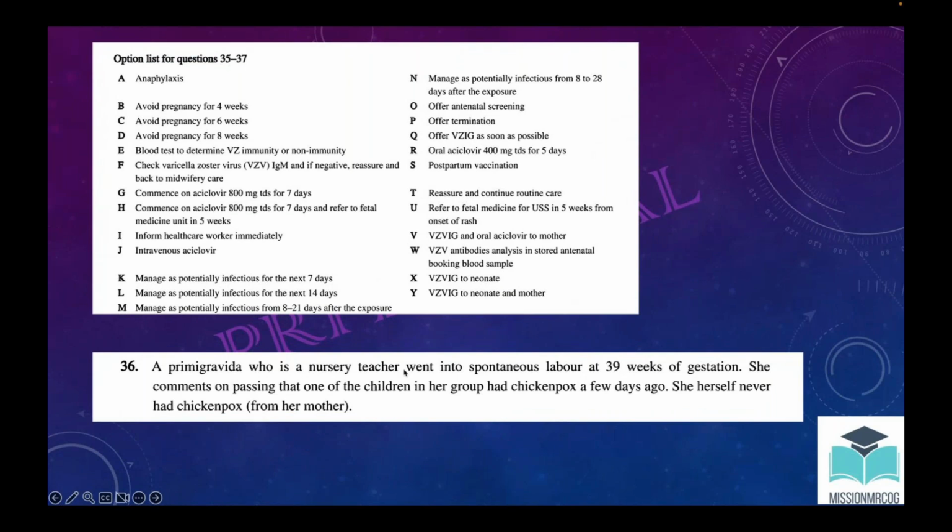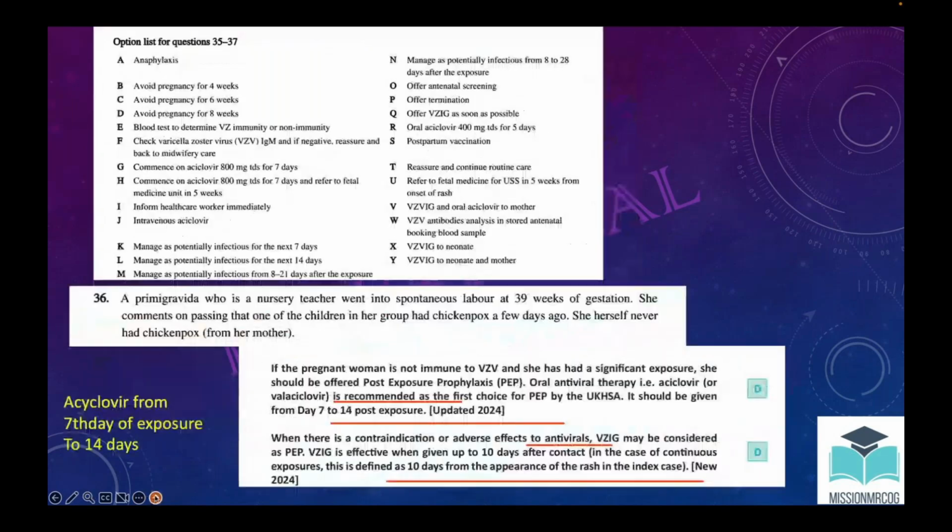A primigravida nursery teacher went into spontaneous labor at 39 weeks. She has one child who had chickenpox. She herself had chickenpox from her mother. Reassurance? What is the answer? She herself never had chickenpox.